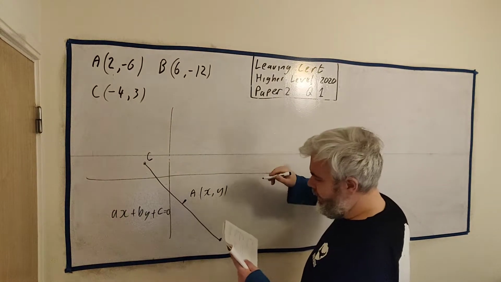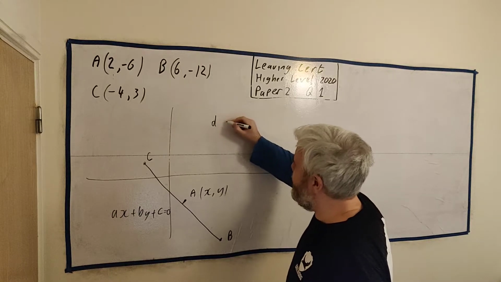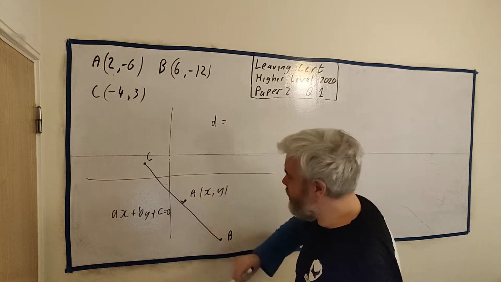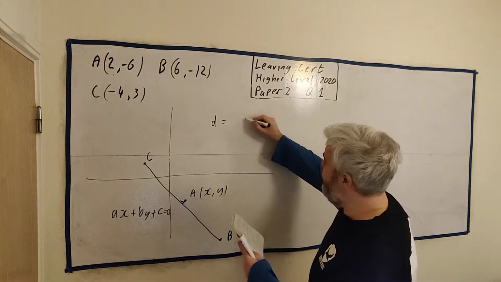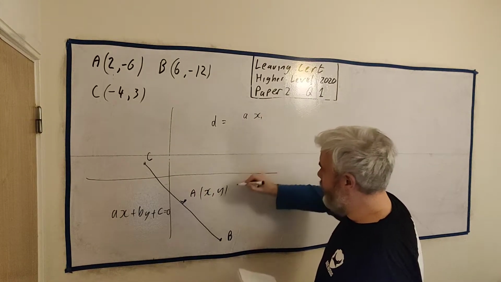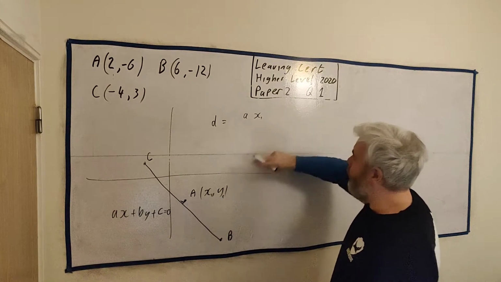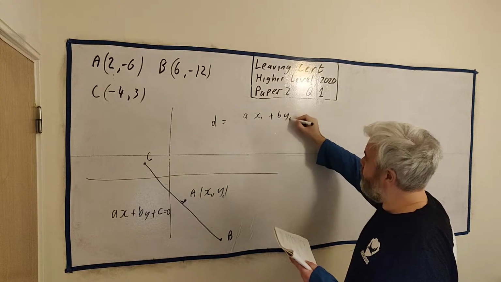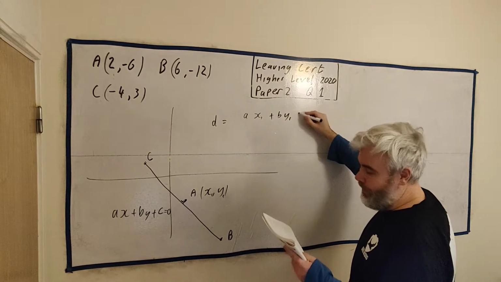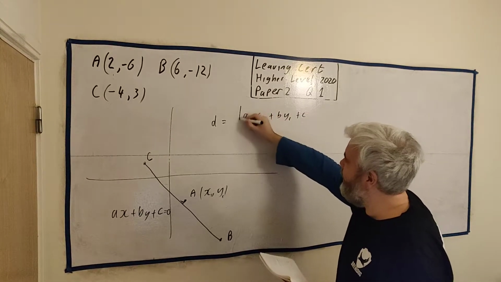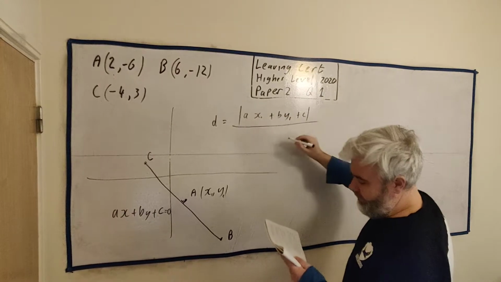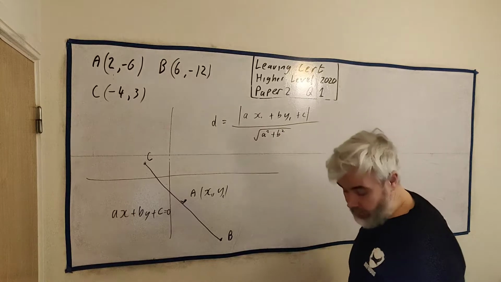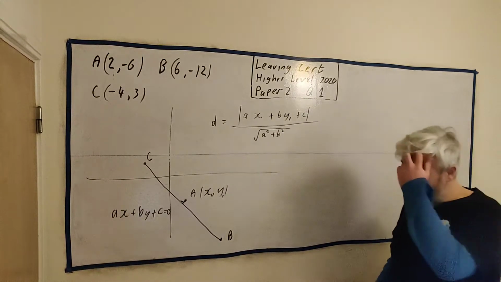The perpendicular distance between a point and a line is given by the formula: the absolute value of ax1 plus by1 plus c, divided by the square root of a squared plus b squared. So this formula is in our formula tables.